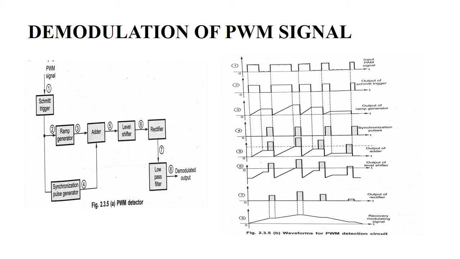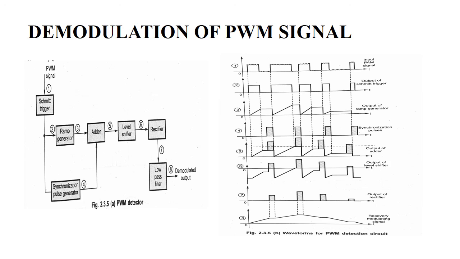On the other hand, the synchronization pulse generator will produce reference pulses with constant amplitude and pulse width. These pulses are delayed by a specific amount of delay and given to the adder. The adder will add the delayed reference pulses and the output of the ramp generator.